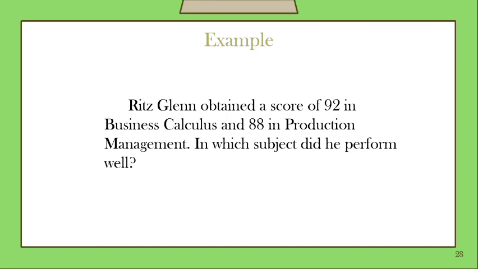So, hindi natin masasabi kasi first of all, hindi natin alam kung ilang items ang meron yung subject na yun. Same dito sa production management, hindi din natin masasabi na mataas ba yung 88 or mababa kasi hindi din natin alam kung ilang items yung meron doon. So, kaya natin siya gagamitan ng standard scores.